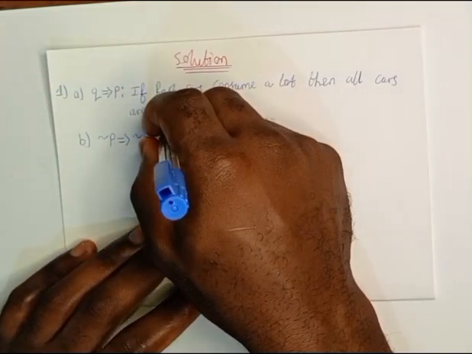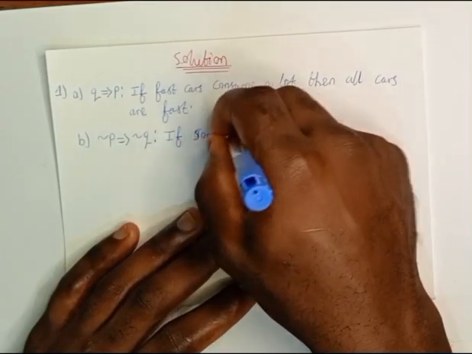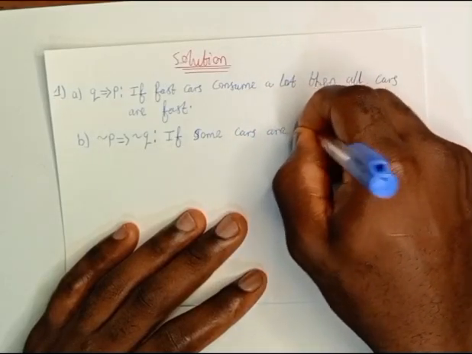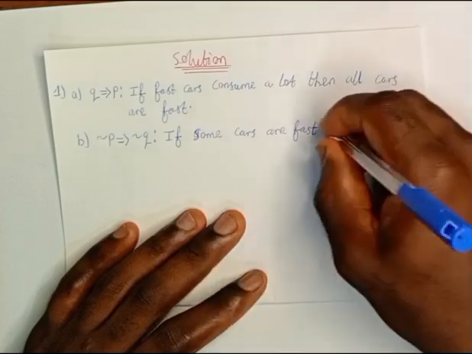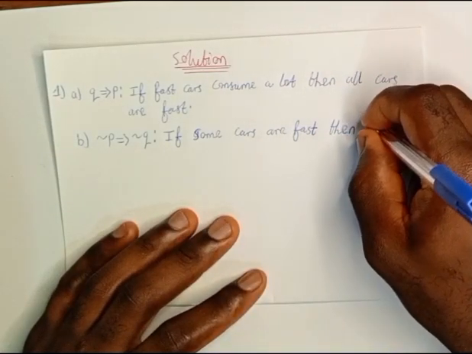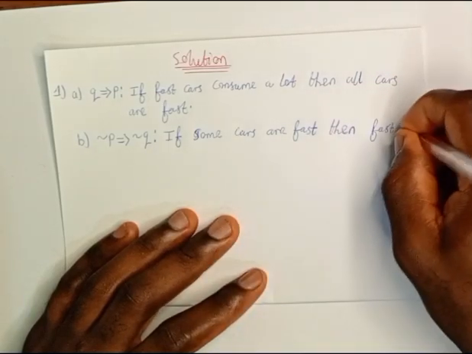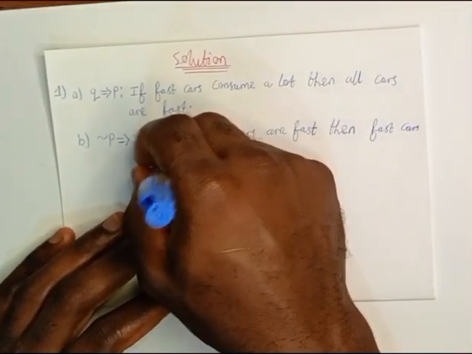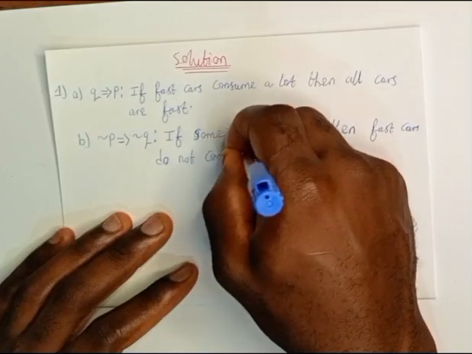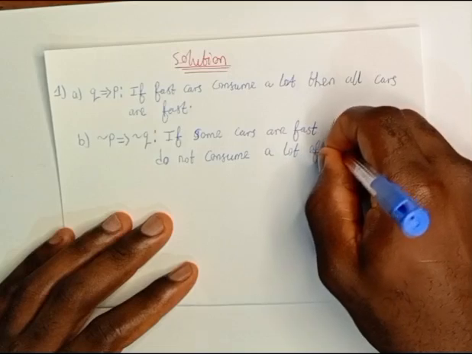It simply means if some cars are fast, that means not all the cars are fast, then fast cars do not consume a lot of fuel.